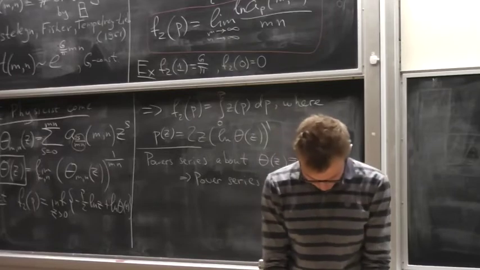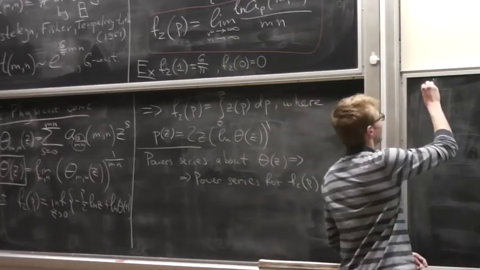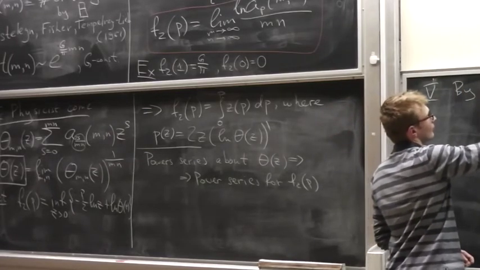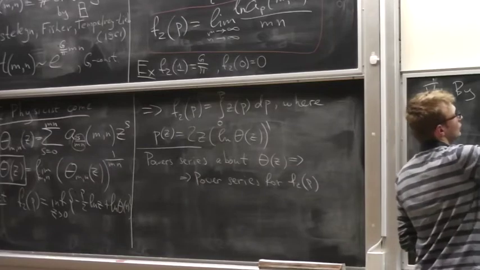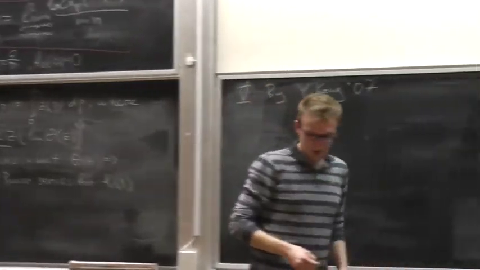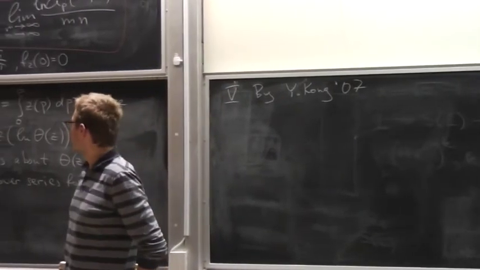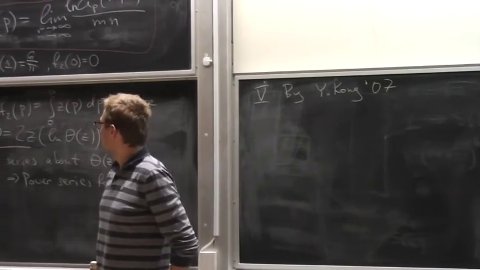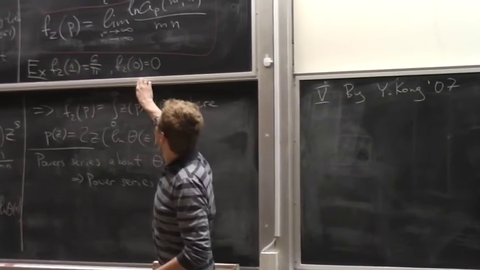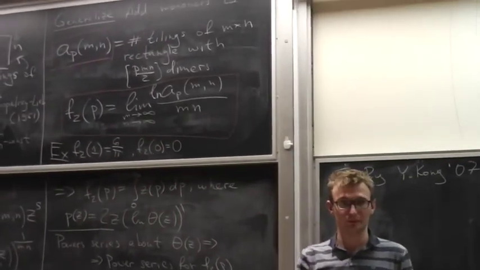So, the first approach is the approach by Kong. What he says is the following. Let's first think not about the limit in m and n, but let's fix m and consider the limit in n.